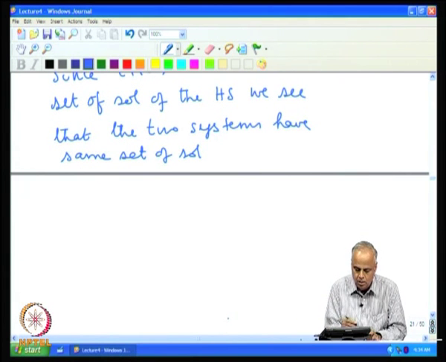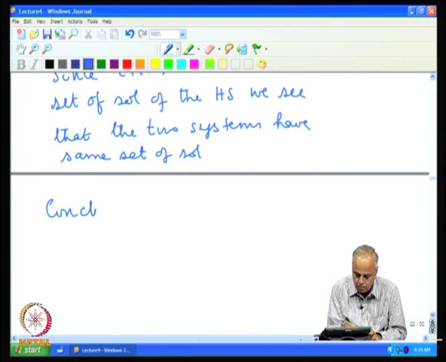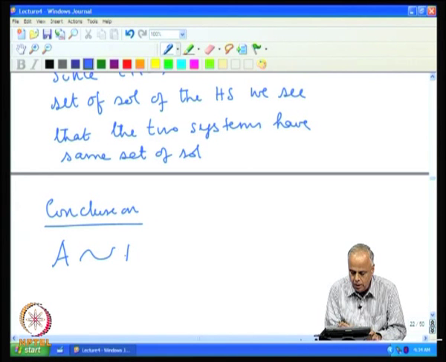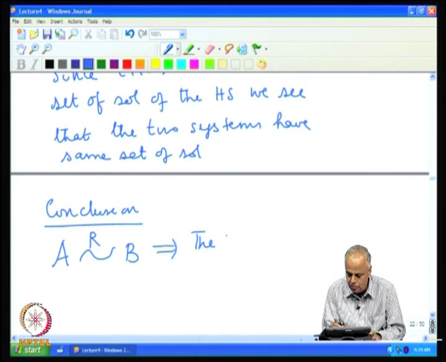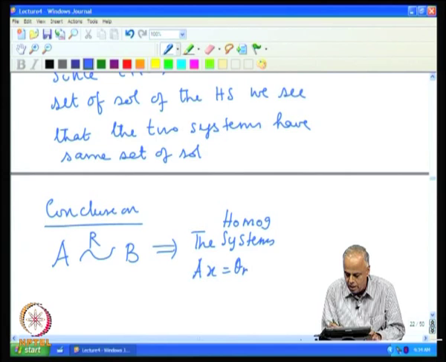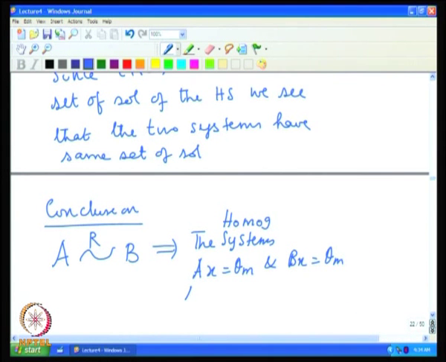Therefore, conclusion: A is row equivalent to B implies the systems, by which we mean the homogeneous systems Ax equal to theta m and Bx equal to theta m, have the same set of solutions.